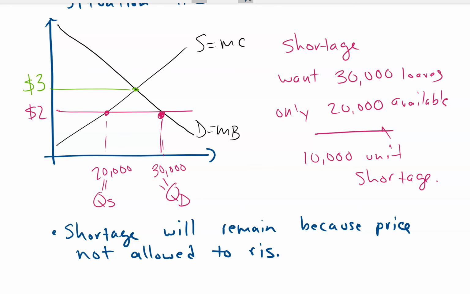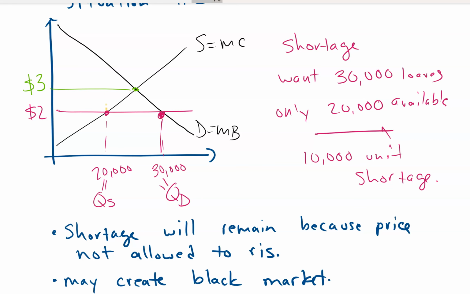The other thing that we can see is this may create a black market. What often happens in these situations, unless they put some kind of numerical limit, is people buy up the product and then sell it in the black market. And when they sell in the black market, they'll often be selling above what the equilibrium price would be if this market had been allowed to be free.